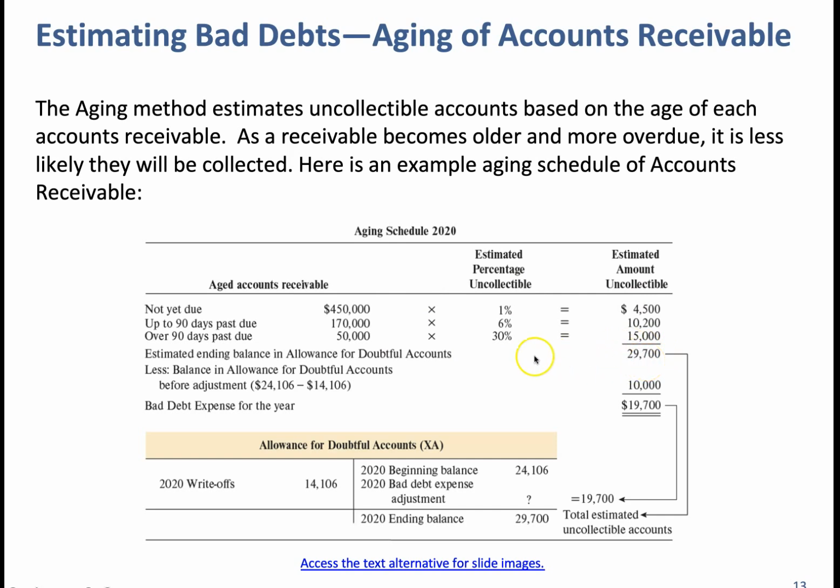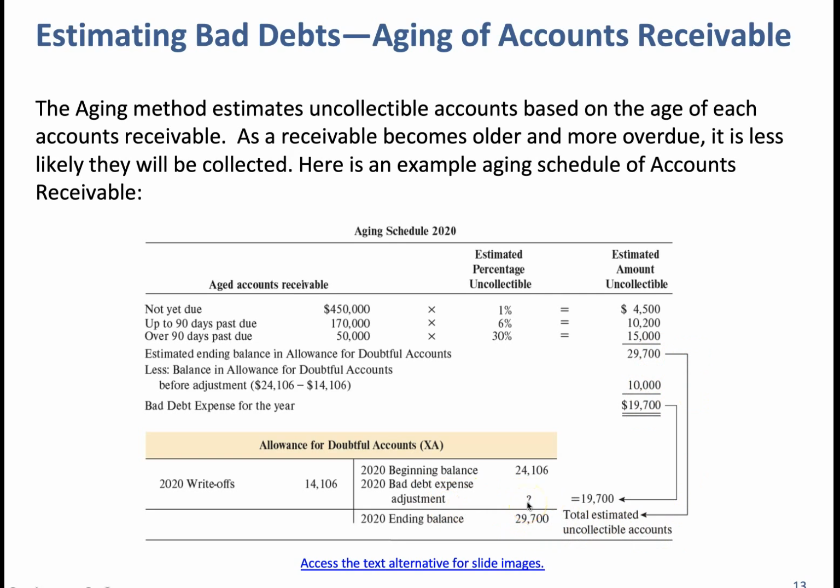Now, remember, the number we are estimating is not the newly generated amount, so it's not the credit side of this T account. It is the ending balance of this doubtful accounts allowance. So if you know the beginning balance 24,106, you know there is a write-off of 14,106, and also know the ending balance, which we just calculated, is 29,700, what is the bad debt expense adjustment you need to make?